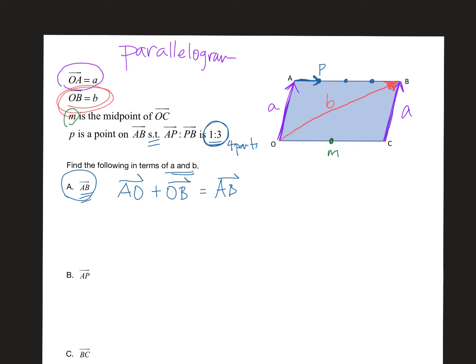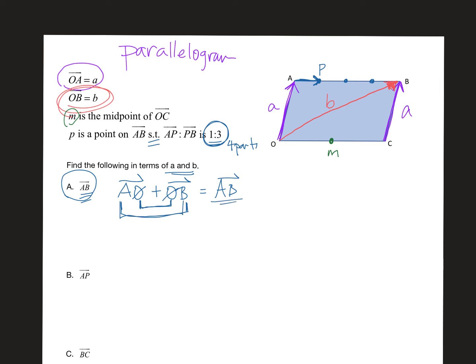All right, and just a reminder, this head and this tail have to be the same letter in order for vector addition to work. And the resultant vector is the tail of the original with the head of the addend. So in other words, as long as this O and this O are the same, then the other 2 letters give you the result.